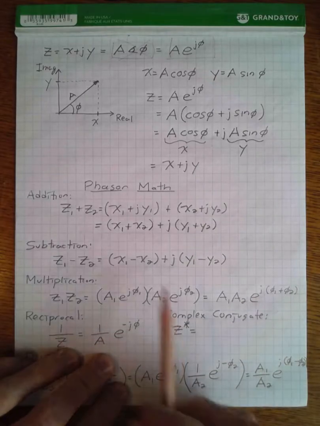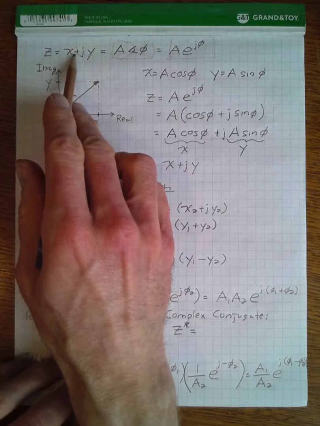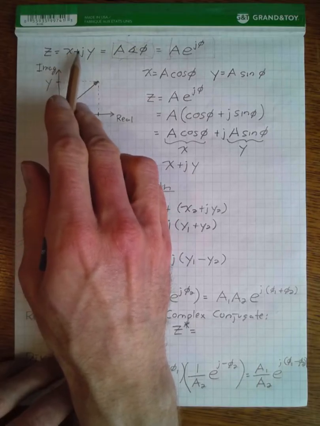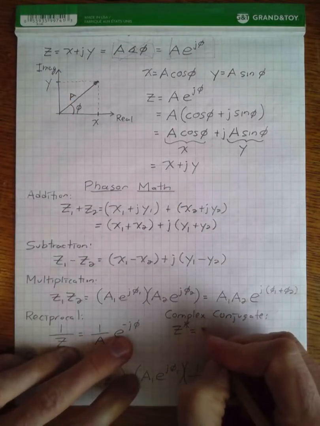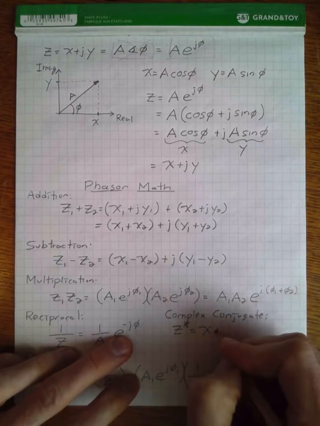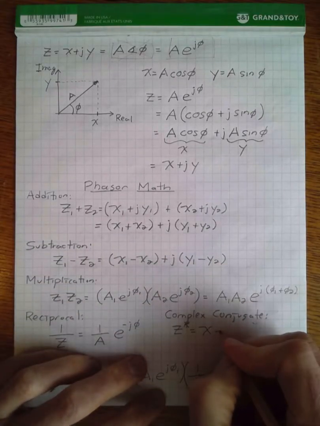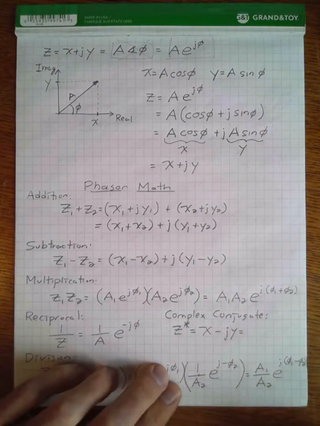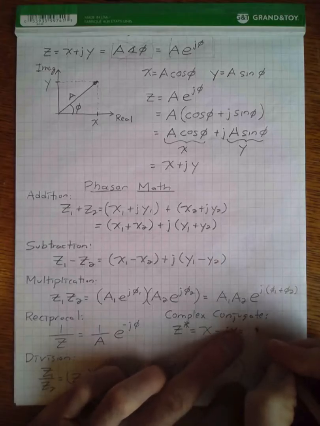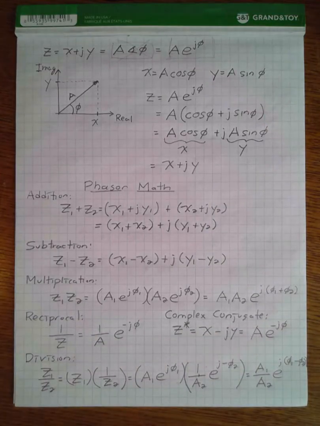The complex conjugate, when dealing with this rectangular notation, is if we want to take the complex conjugate of x plus jy, we just take the negative of the imaginary component. So the real component is the same, but we just have minus jy. Or if we want to represent this using the complex exponential notation, the magnitude is unchanged, but we take the negative of the phase angle.